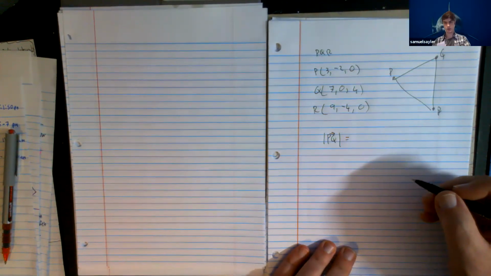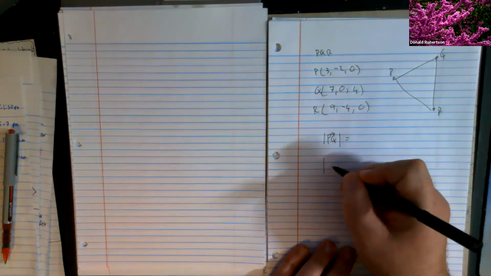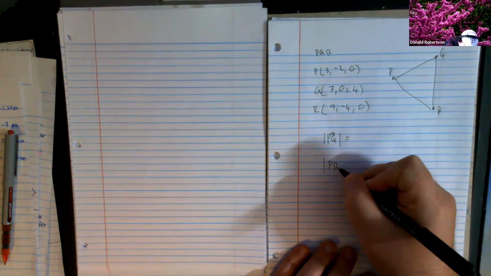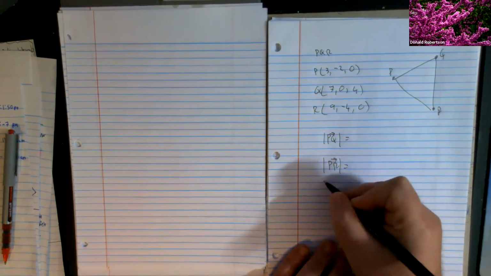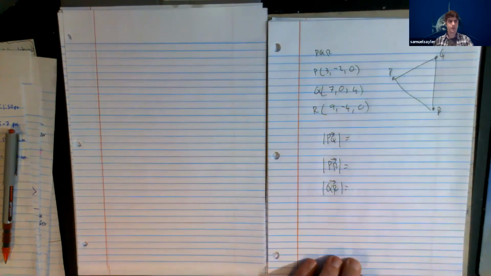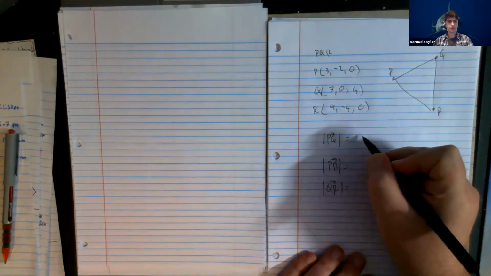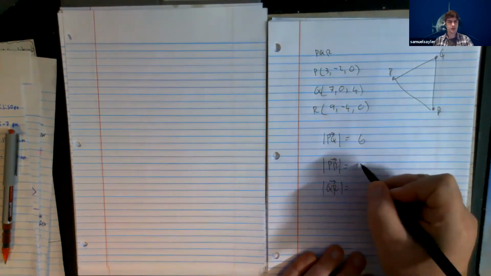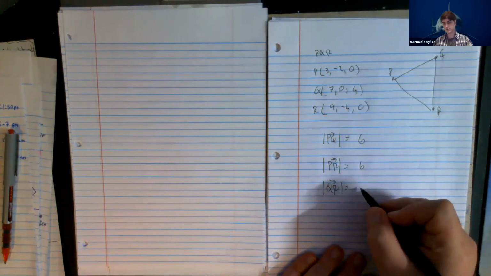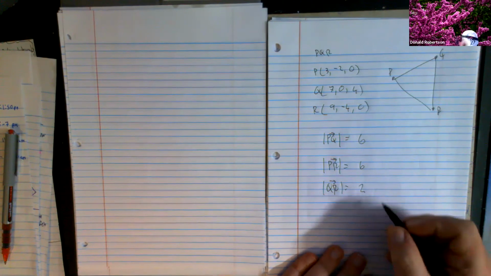I said it wasn't. Okay, tell me what PQ, I'm assuming you called them something like PQ, PR, and maybe QR. Just tell me what the 3 lengths are that you got correct. PQ is 6, QR is 6, and RP is 2 square root 10. Say again. 2 square root of 10. Yes.